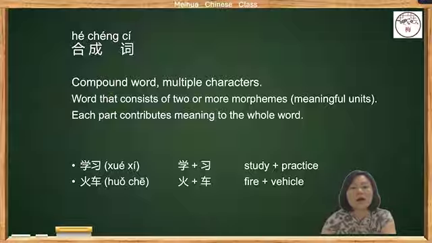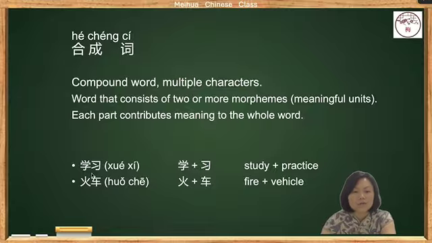Let's look at the compound word, which has multiple characters, two characters, or more than two, three, four characters. Each character within this compound word carries its own meaning. Each part contributes meaning to the whole word. So we combine all the meanings together, and the whole word gets a compound meaning based on all the syllables or all the characters.